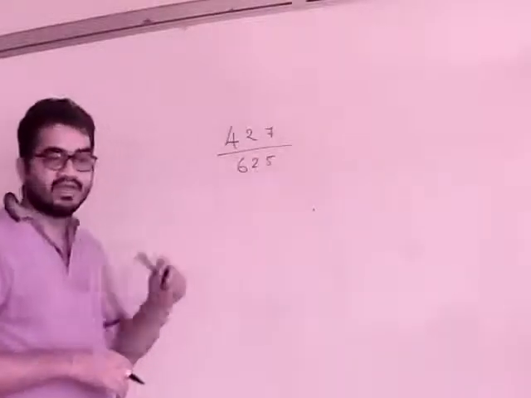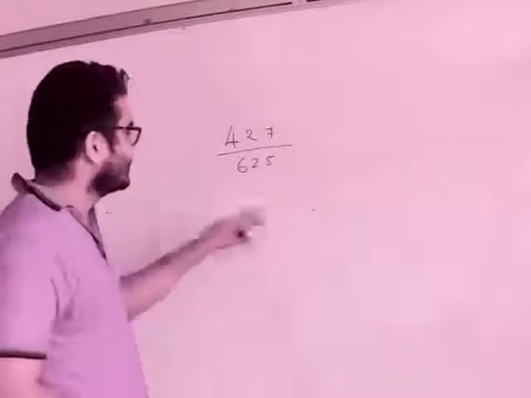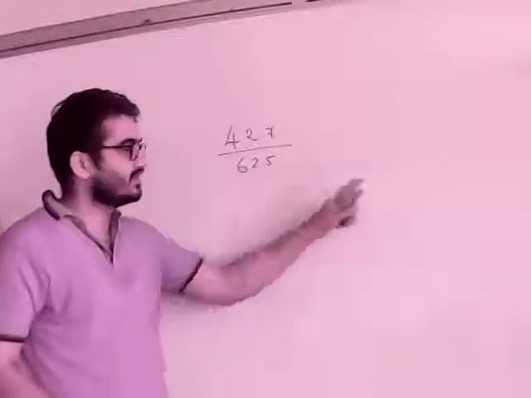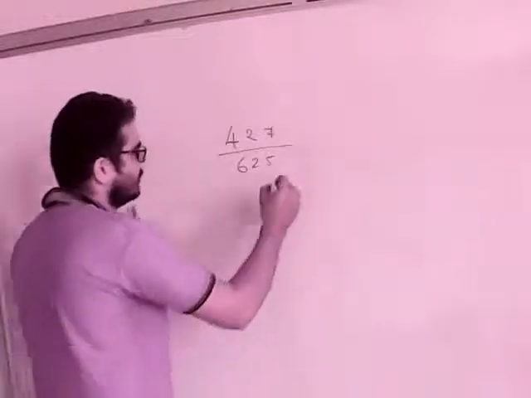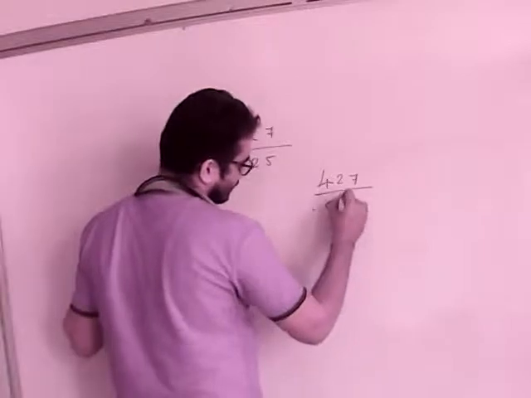Okay. Now if you want to check whether this is terminating or not, as you can see 625, that is 5 raised to 4. So we can write this like 427 upon 5 raised to 4.